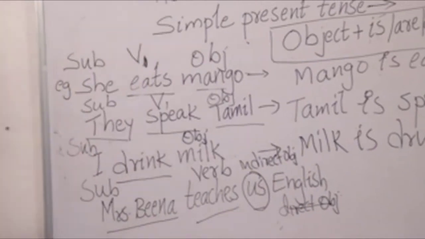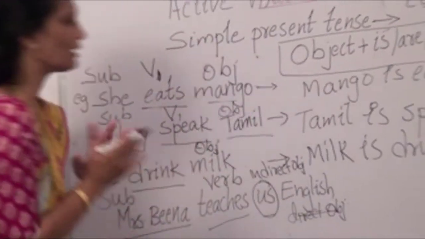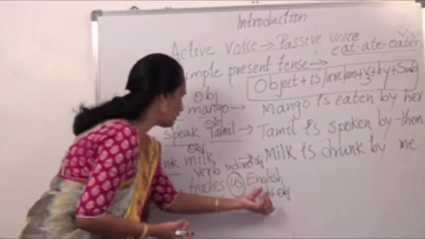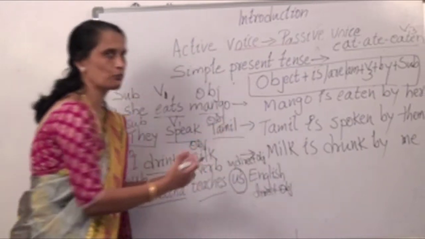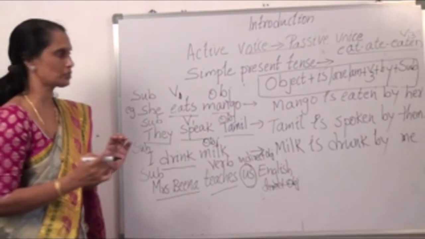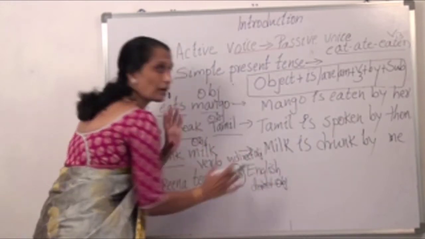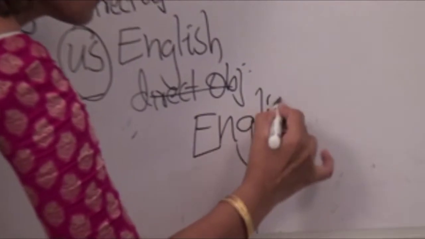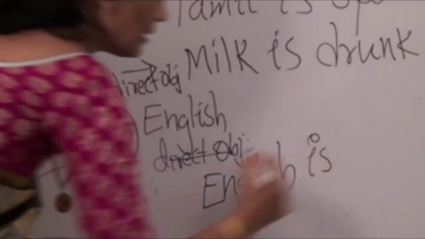Then how do we convert it? How should both objects come in the sentence? Whether we have to start from the direct object or from the indirect object: we can start with either one. We can write both sentences, and both are right. I will show you. I am starting with English first. English is singular, so object plus is: English is.